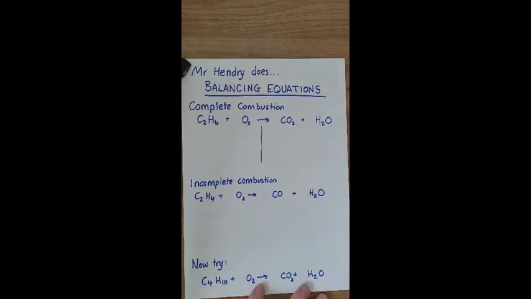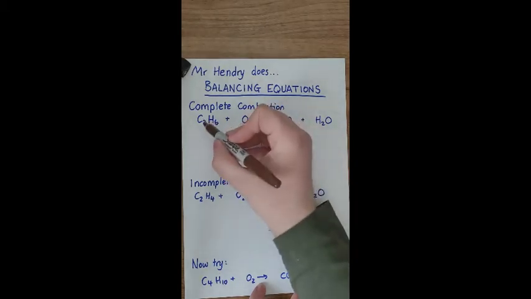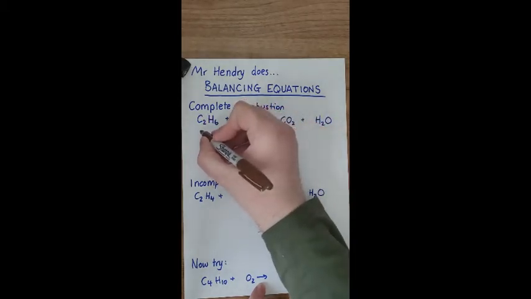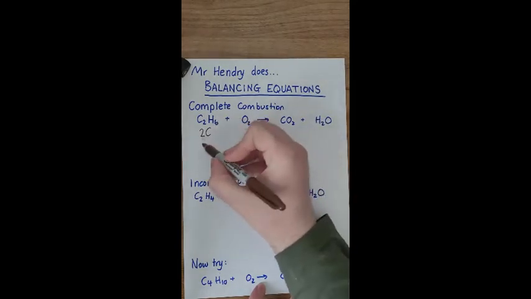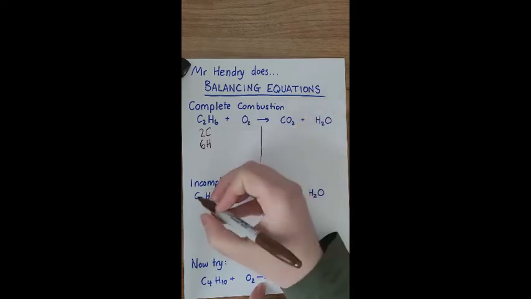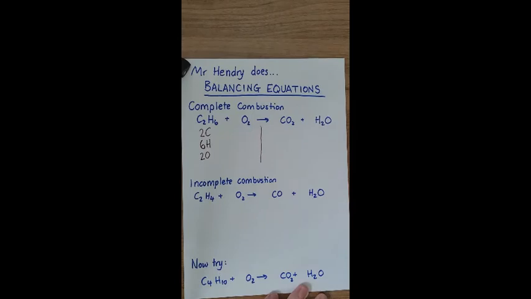So what I want to do is count up the number of atoms of each element in the reactants first. We've got a small 2 next to the carbon, so we have 2 carbons, a small 6 next to the hydrogen, which means we have 6 hydrogen, and a small 2 next to the oxygen, which means we have 2 oxygen. We're going to do exactly the same for the product of the reaction.